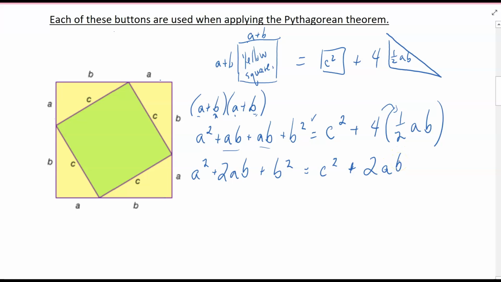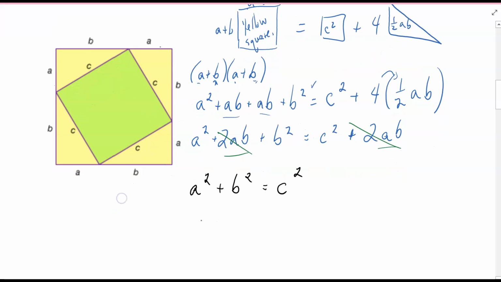Now notice, on each side of the equal sign, I have a 2ab, one here and one here. So they can be wiped out. And we finalize this with a squared plus b squared equals c squared. And this is the Pythagorean theorem. Generally, it's written with the c squared first, so I just will switch it around.